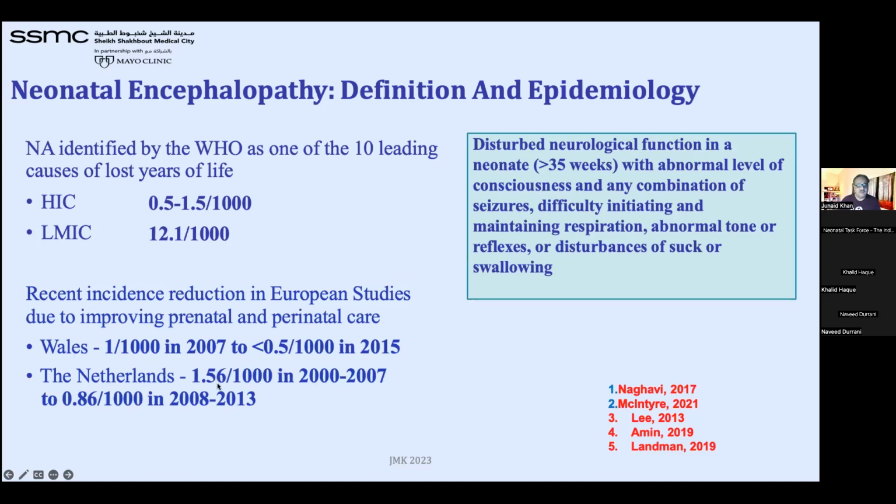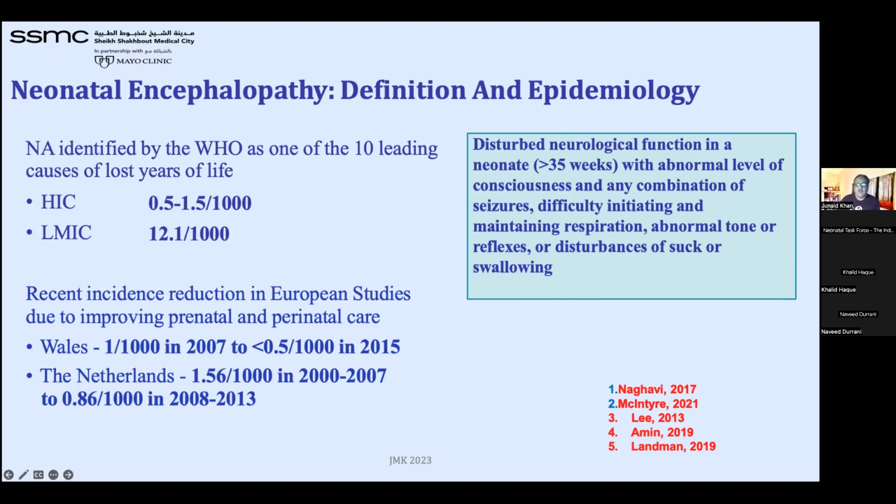In the Netherlands, 1.56 to 0.86 by 2013. So it decreases. And these are very high income, highly educated, and highly advanced countries. Wales is a part of the UK, and the Netherlands, of course, is Holland. So it is telling us something. Anyway, just keep it in mind for a while.